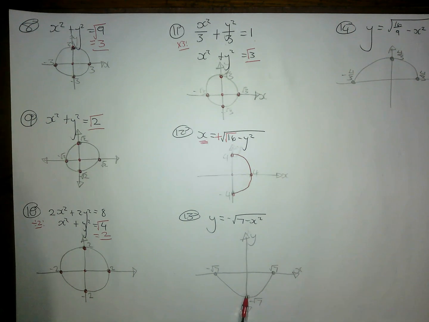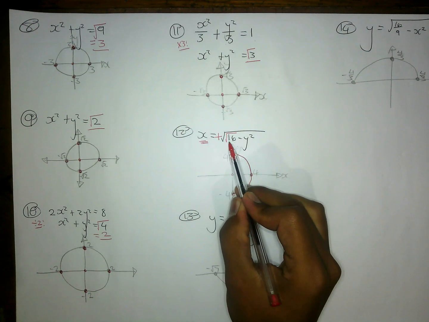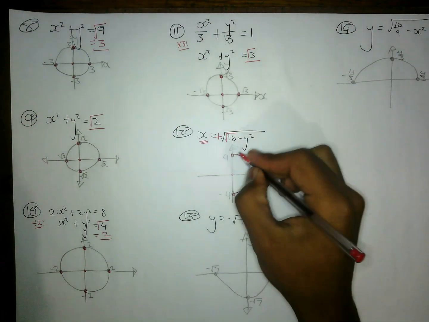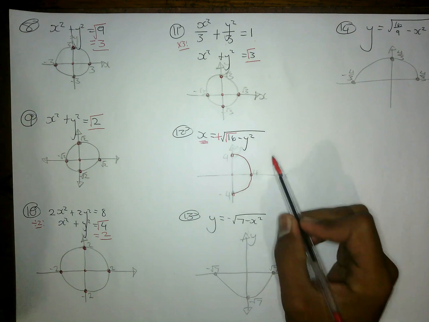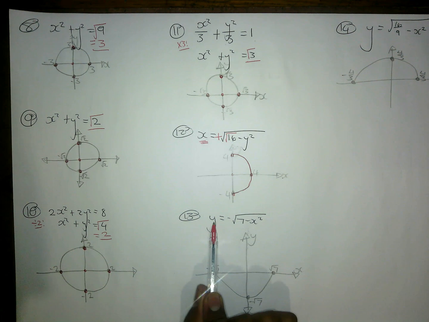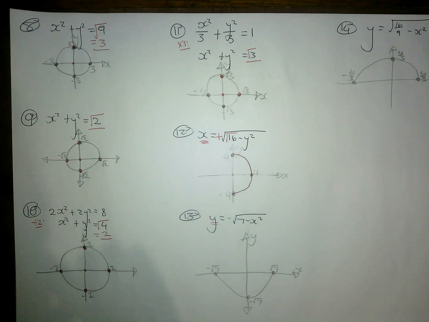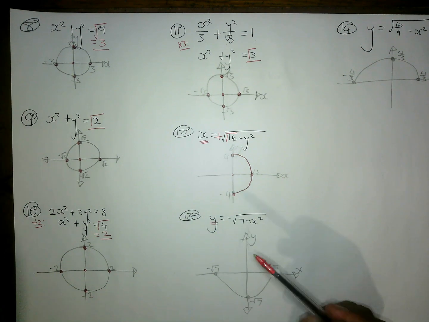Number 13. Okay, let me say it like this. This is x equals, which means our half circle will always cut through the x-axis. Always. When it's y equals, our half circle will always cut through the y-axis, depending on whether it's positive or negative.